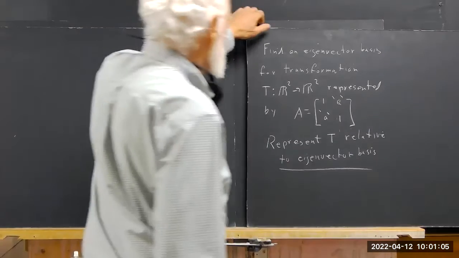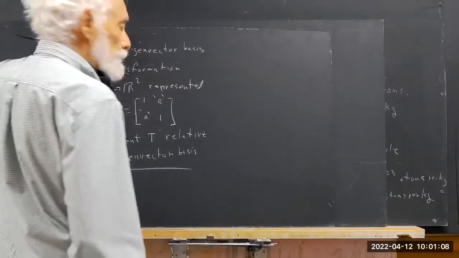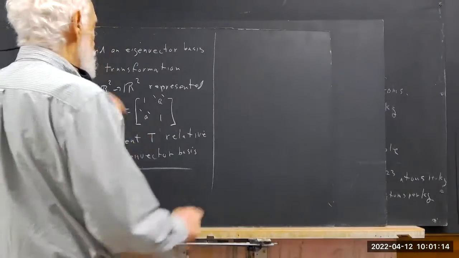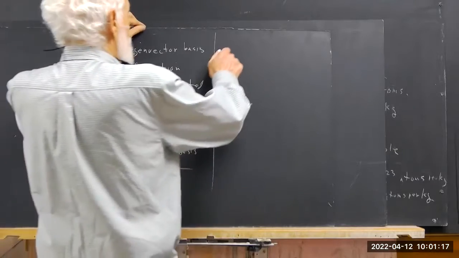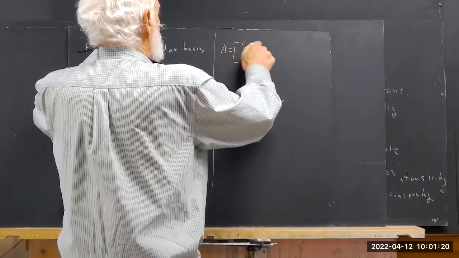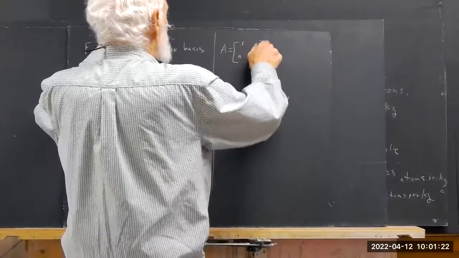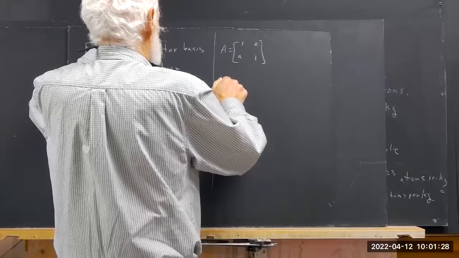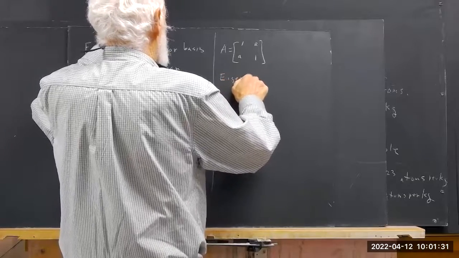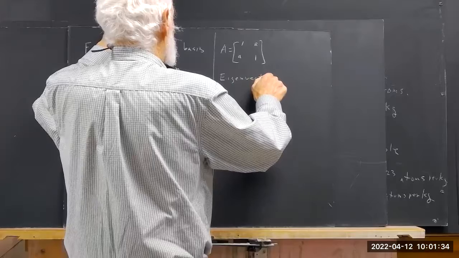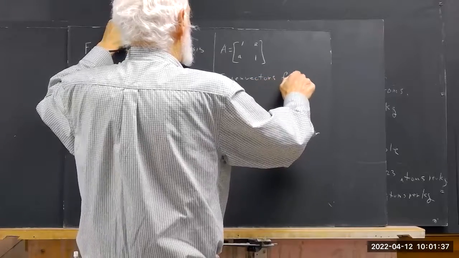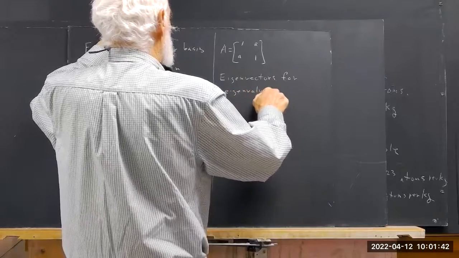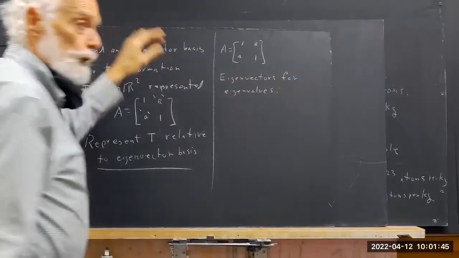Okay, I'm going to work this out just for a general matrix. Instead of the backwards apostrophe, I'm just going to use A. So the matrix is 1, A, A, 1. We want the eigenvectors for the eigenvalues.